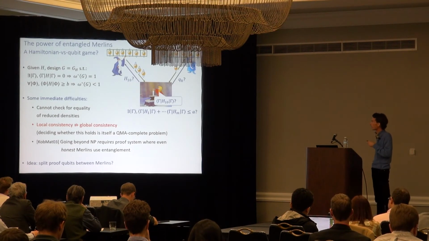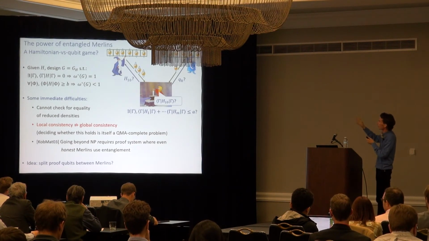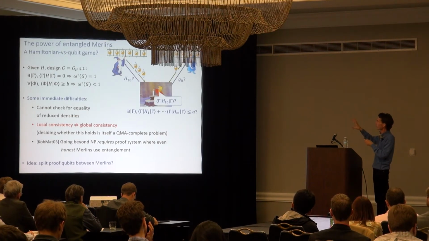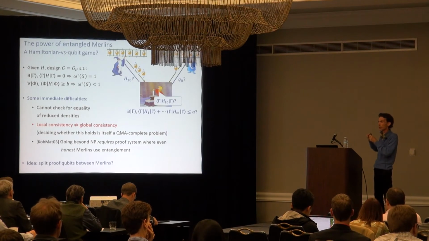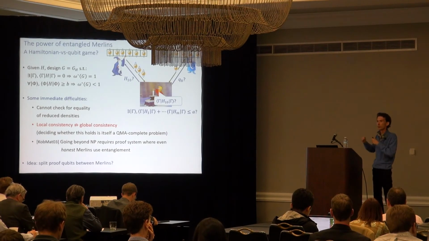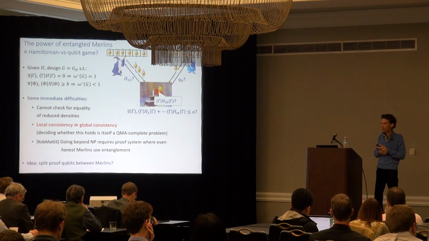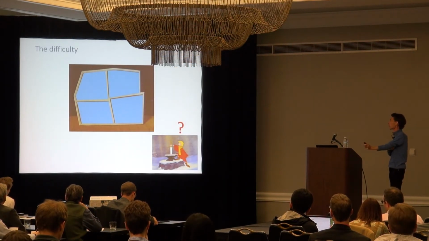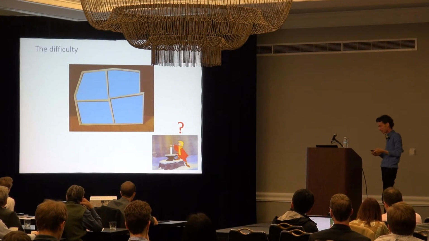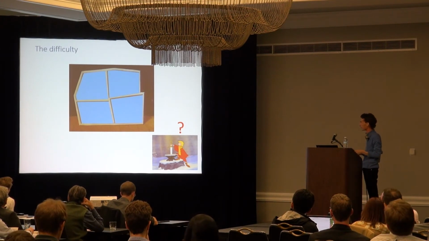So another idea would be, here the problem I have is that I said each of them has a separate copy of the proof. So let's use entanglement to tell them, why don't they split the proof between themselves? Okay, so that's where the picture comes into play. Some of you were wondering, why do I have this picture on the board, on the slide before starting?